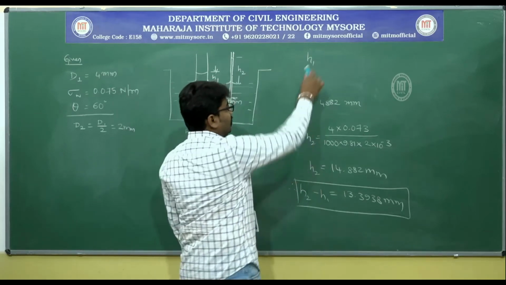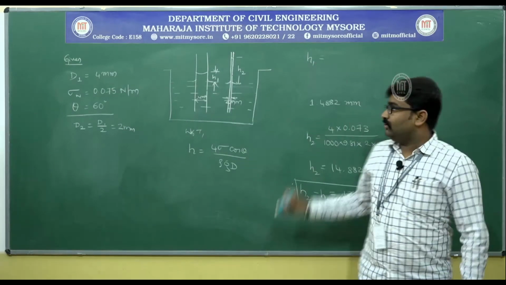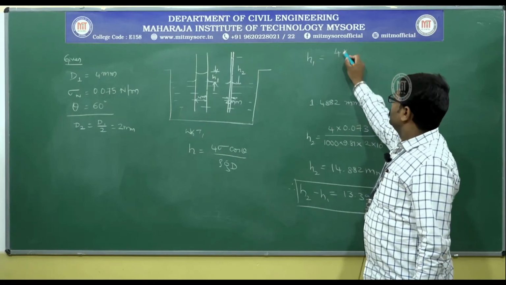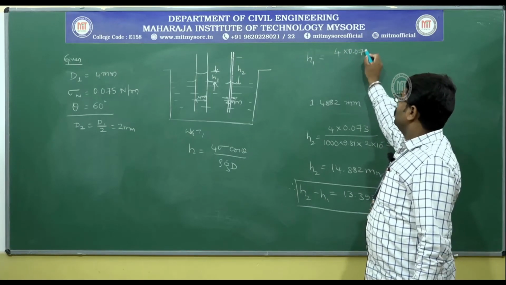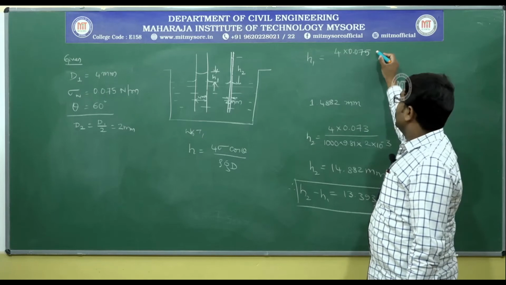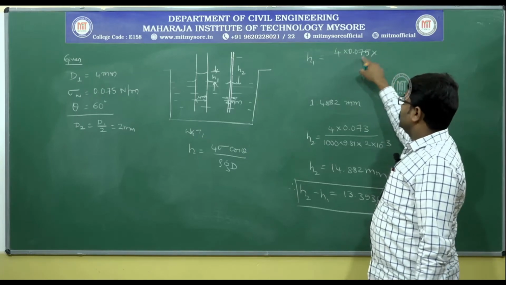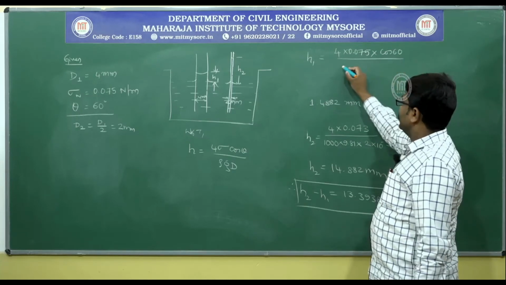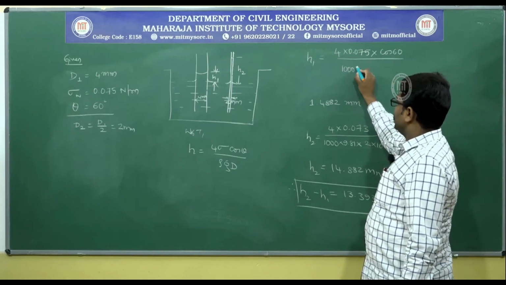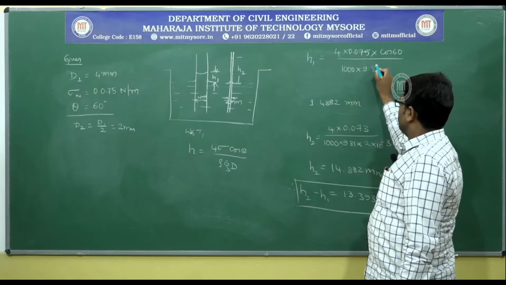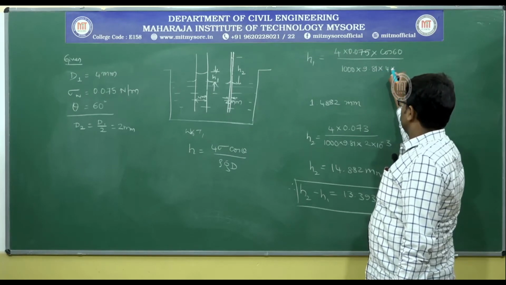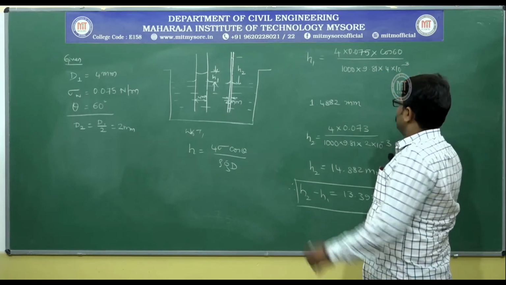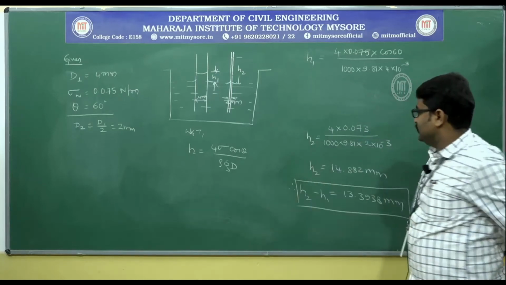In case of H1, it has to be 4 into 0.075 into cos 60 divided by rho is 1000 because it is water, g is 9.81 into diameter is 4 into 10 power minus 3.